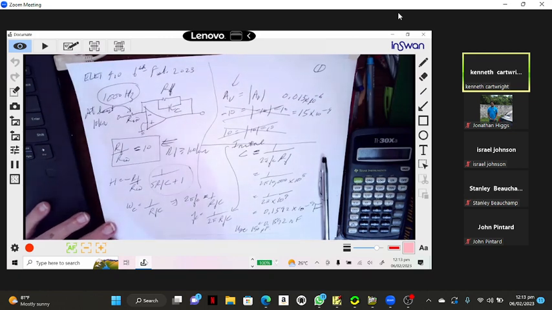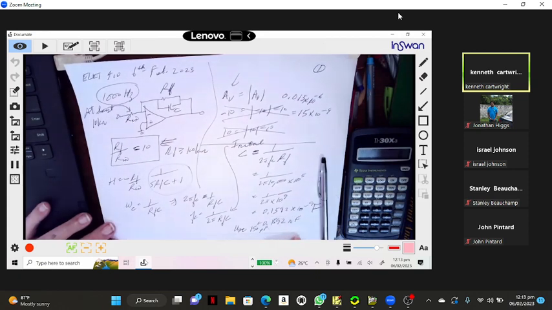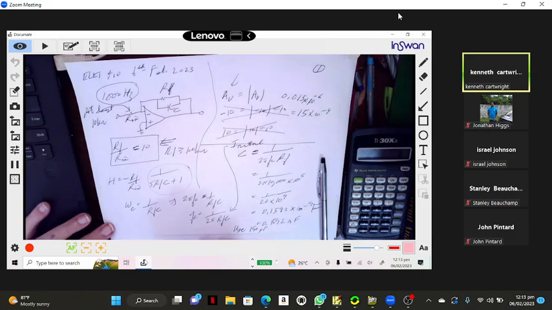And if we assume RF is 100 kilo ohms, we end up with a 0.1592 nanofarad capacitor that we need. The closest thing we can come to that is 150 picofarad. Now, are we done?